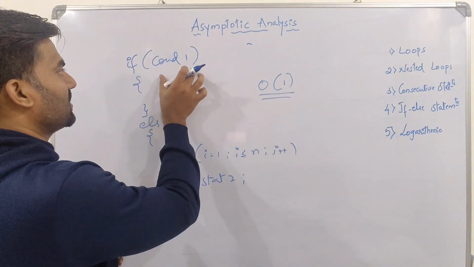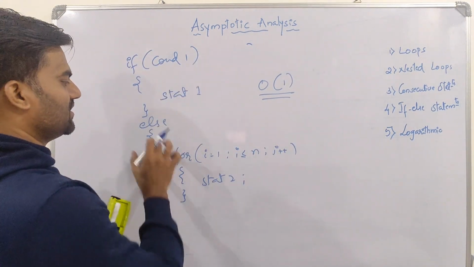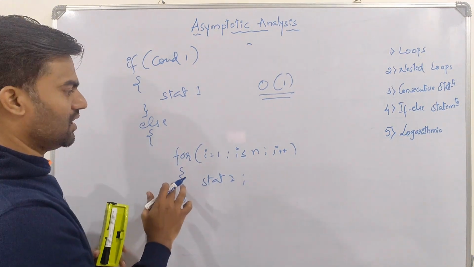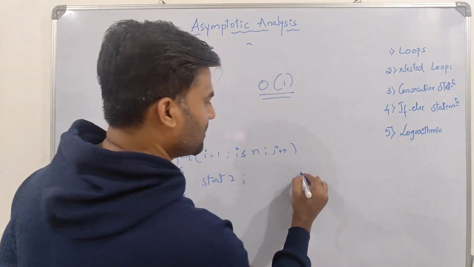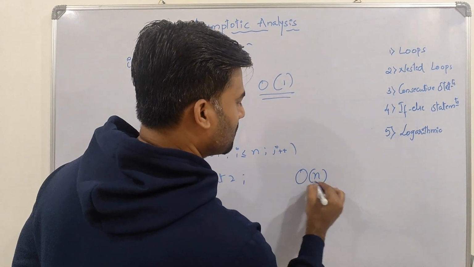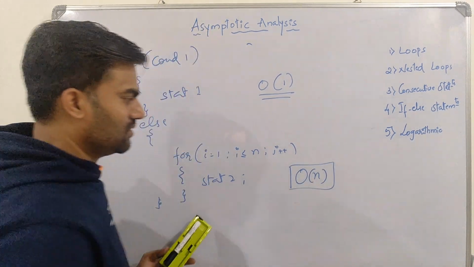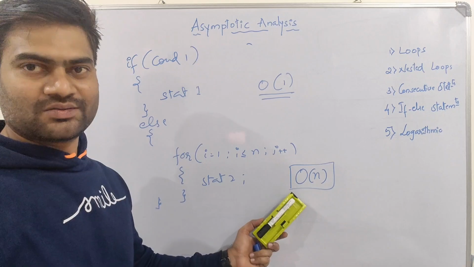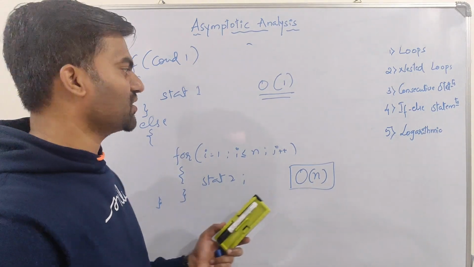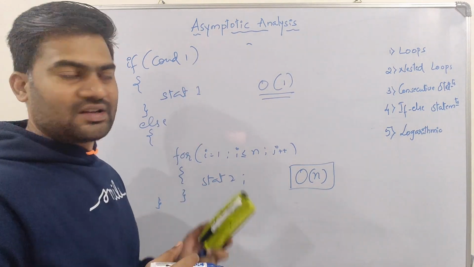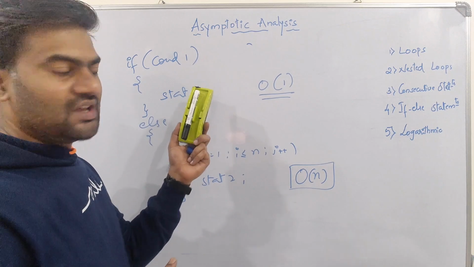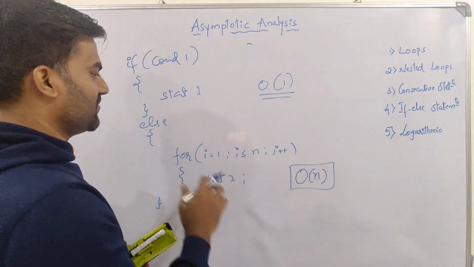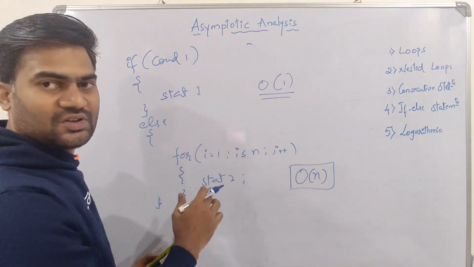But if this condition doesn't satisfy, then it will come to this else block. This executes for order of n time. So out of these two, which one is the bigger one? This is the bigger one. In the worst case, because we don't know whether this condition satisfies or not, if it doesn't satisfy, then it executes this particular statement.